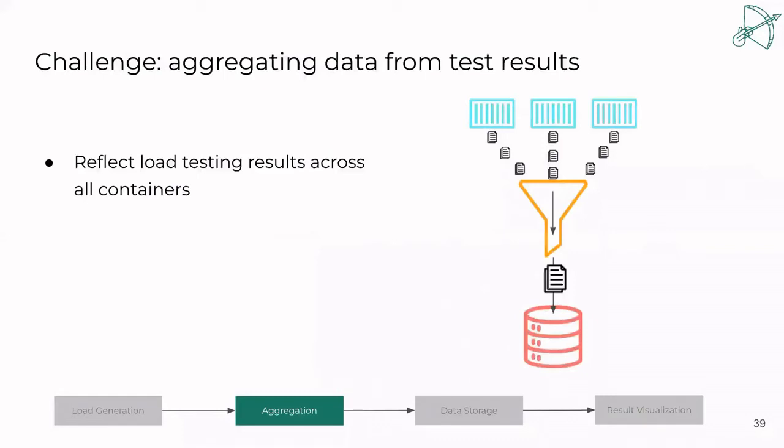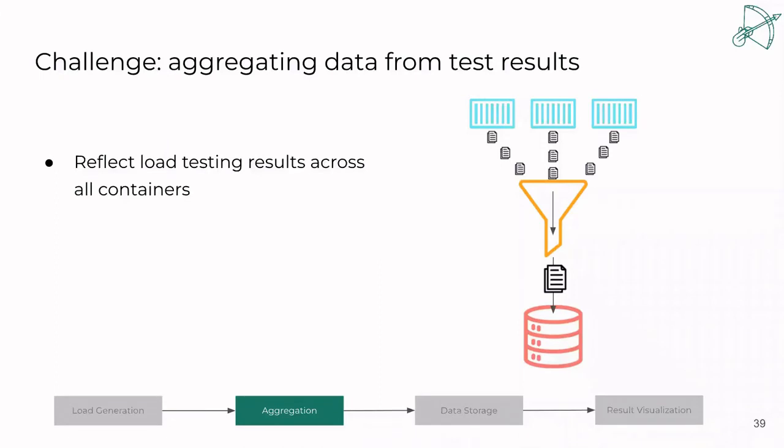First, in order to provide meaningful insights into the performance of the API, the metrics displayed to the user should reflect the load testing results across all containers. As we mentioned before, to generate the load desired by the user, we are spinning up multiple containers with each container running their own load test.